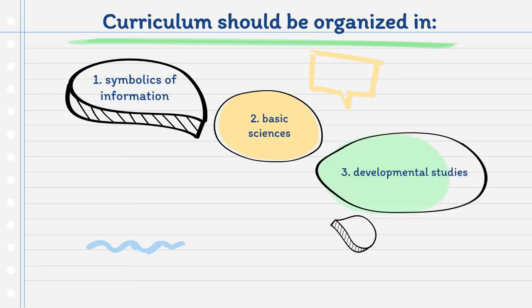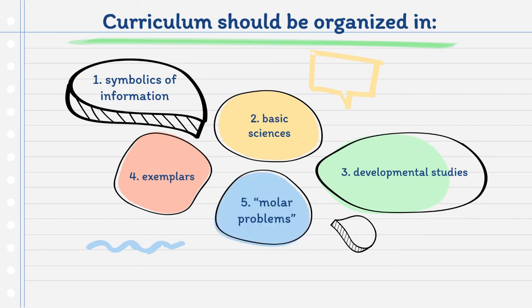Number three, developmental studies, such as evolution of cosmos, of social institutions, and of human culture. Number four, exemplars, such as modes of aesthetic experience, including art, music, drama, and literature. And lastly, molar problems, which address typical social problems.